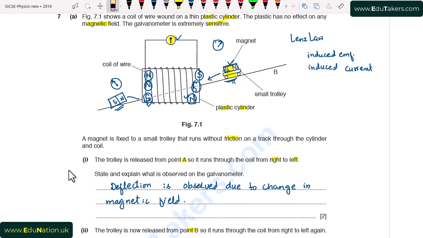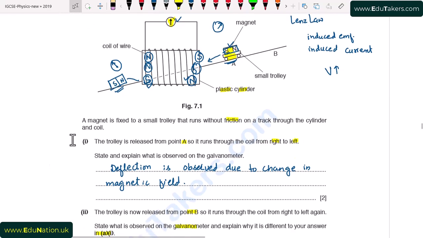Accelerating means its velocity is increasing, so its speed increases. So the galvanometer gives greater deflection when there is larger speed.